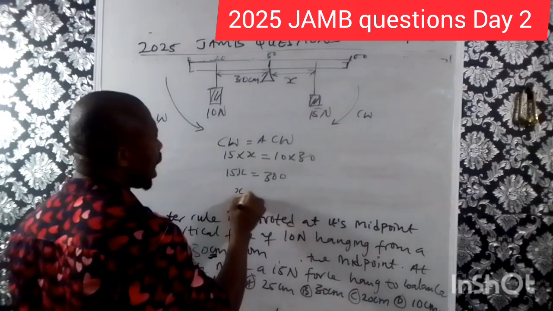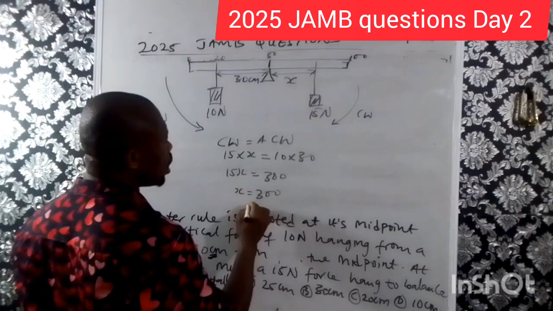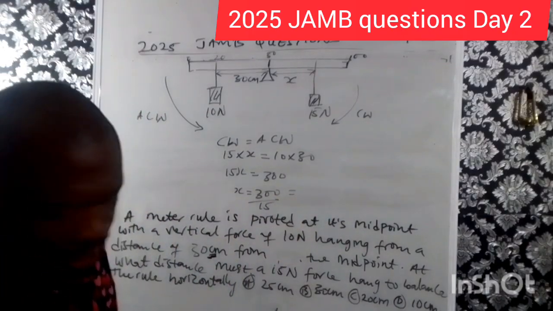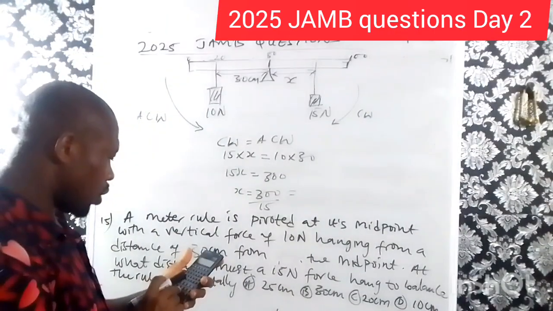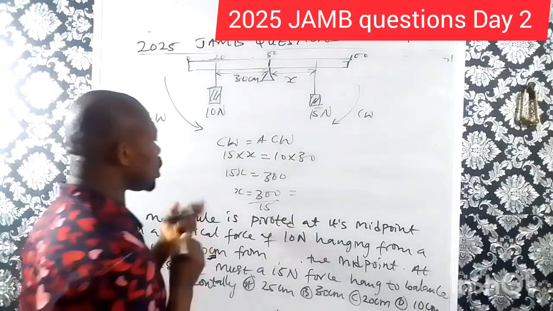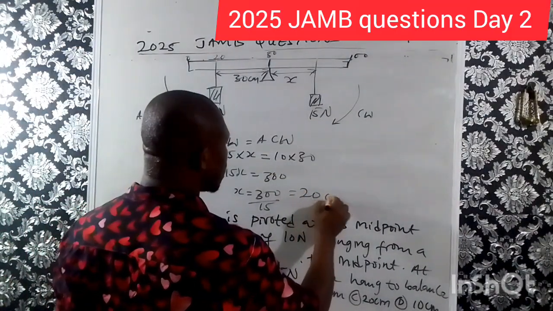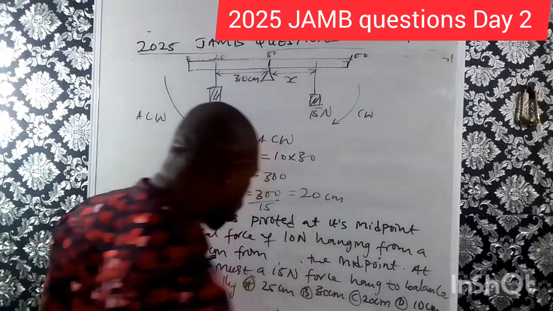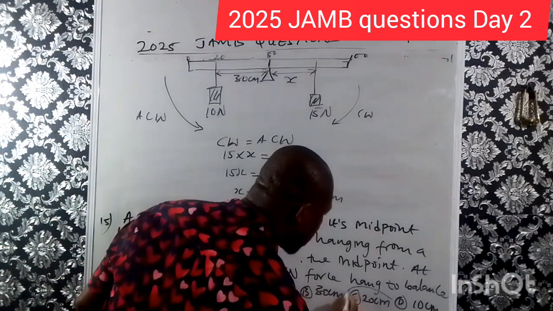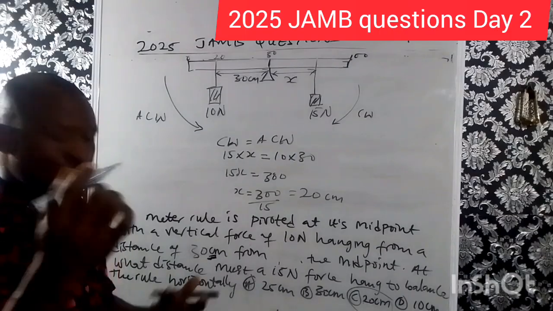Now x will be 300 over 15, which gives us 20 centimeter. The options here, we have option C. Option C is 20 centimeter.